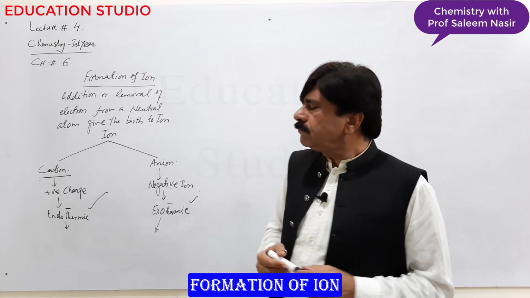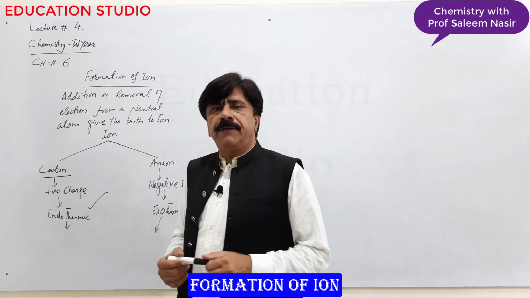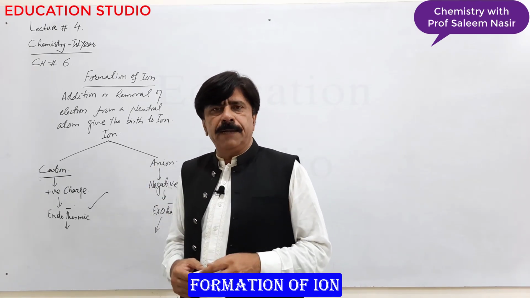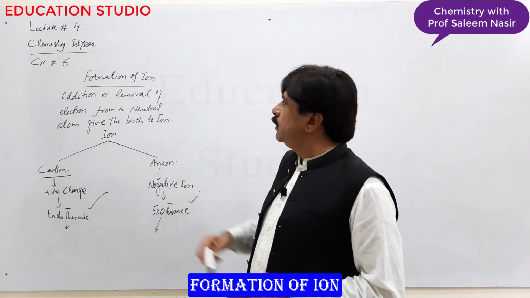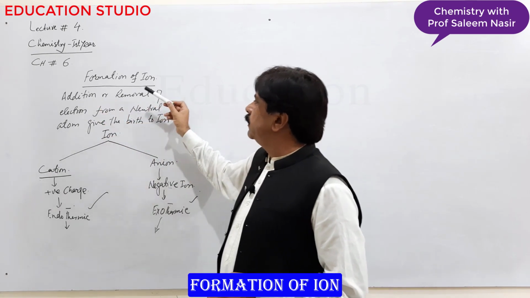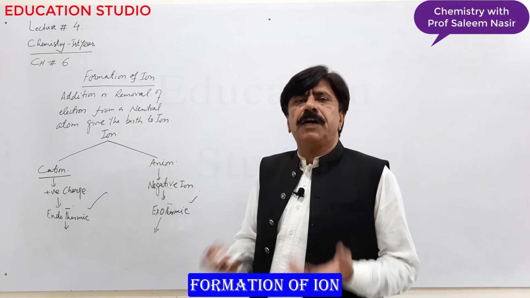Students, as you know, ions are divided into two types, the cation and the anion, on the basis of addition or removal of electrons, or on the basis of different charges.